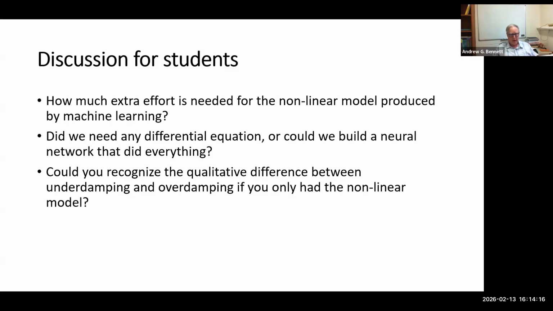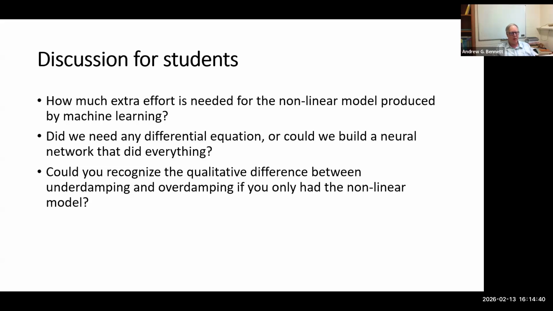One point we do try to point out, if you just have the neural network, could you distinguish that there's underdamping and overdamping? Would you recognize there are qualitative differences that come out? We can see that if we have the formulas that we get from a linear model. And if you just use the neural network, you may say, I know exactly how this spring behaves.